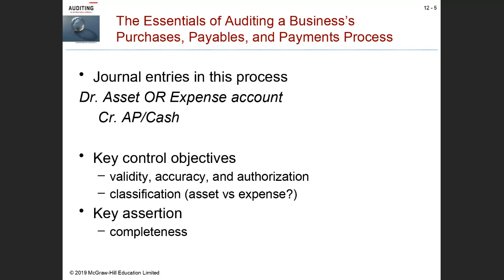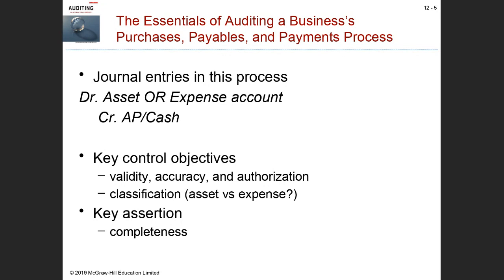With respect to the objectives of a sound internal control system, as it applies to the purchase payable payment process, we see listed here: are the purchases, payables, and payments valid? Did they actually occur? If they are valid, are they recorded accurately?